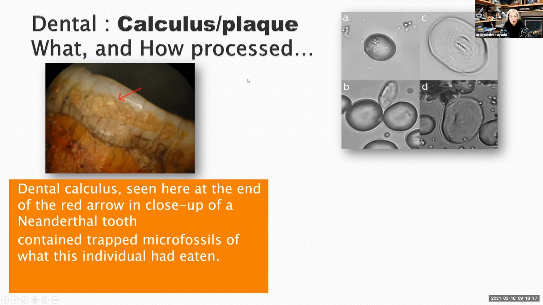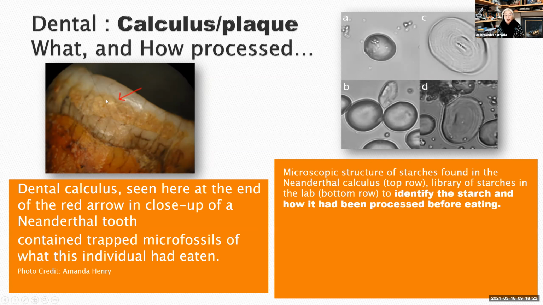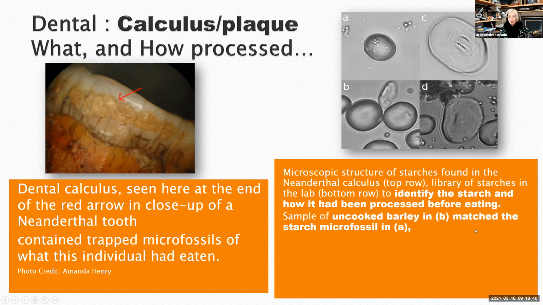One of the big surprises in the analysis here was in the microfossils, the super tiny fossils from this Neanderthal plaque. A and C, on the top row, were the samples that they actually took off the tooth. B and D are from a library of microfossils of things that we know of, plants, seafoods, other kinds of things that we might have in libraries.